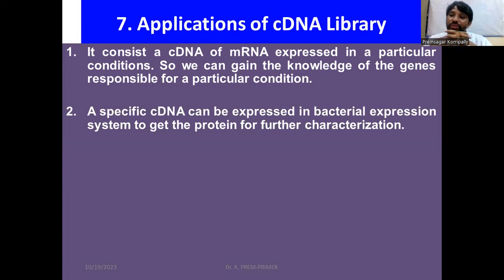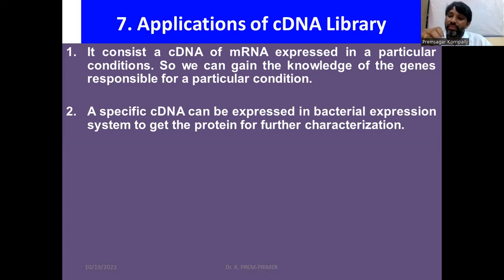Heterologous expression is possible when you have a cDNA of eukaryotes. That protein can be used for structural studies, raising antibodies, or therapeutic uses. You have many applications of that.